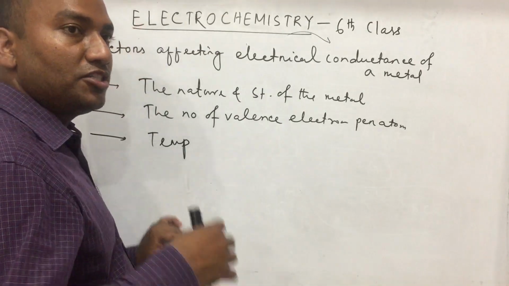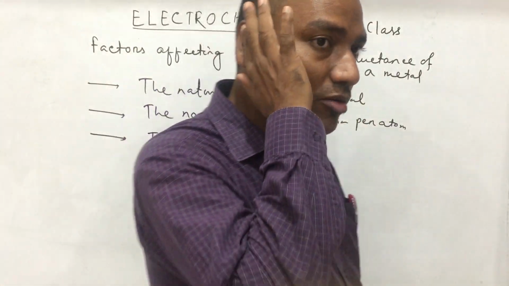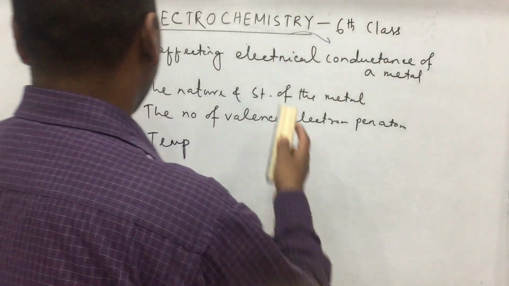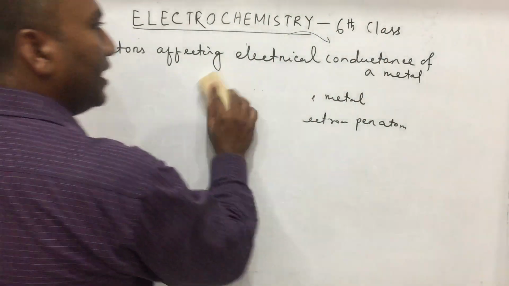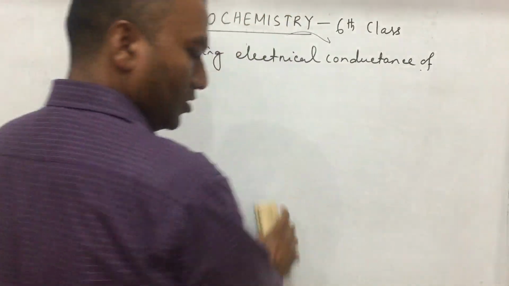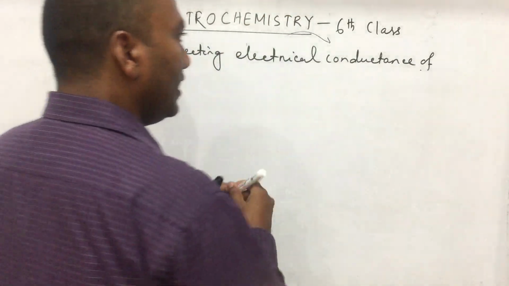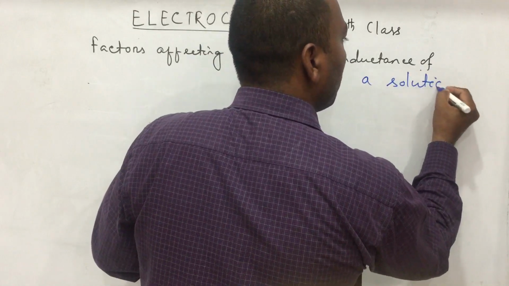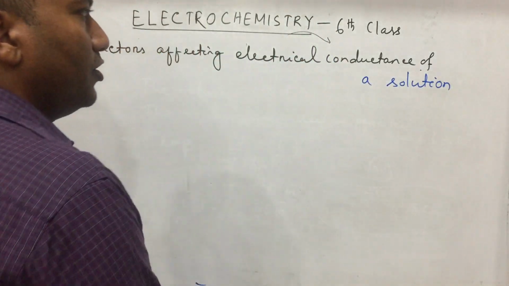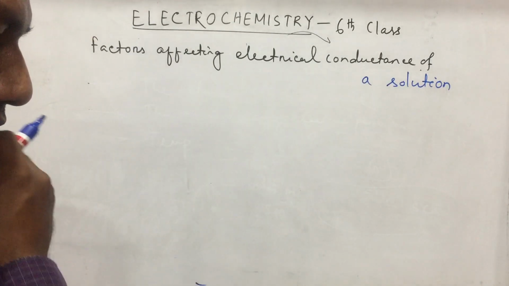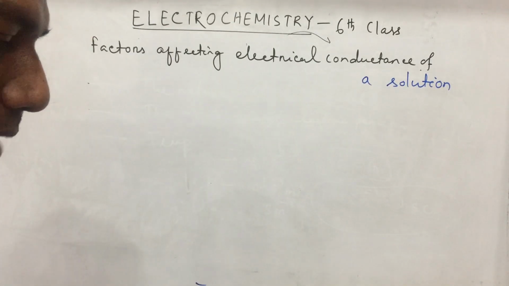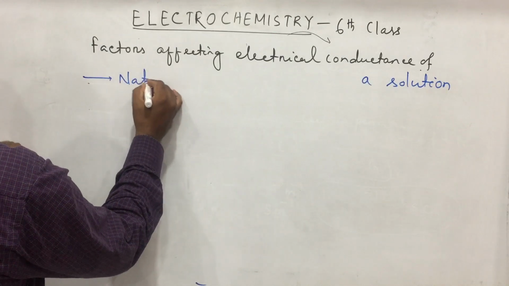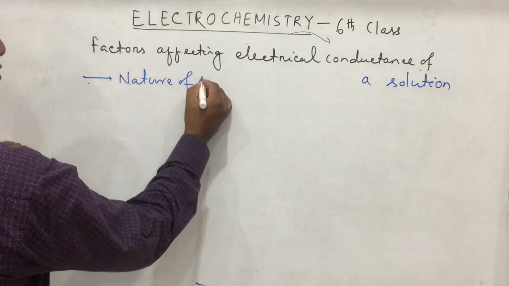But our chapter is electrolyte. So for an electrolyte, for a solution, what are the different factors affecting the electrical conductance of a solution? Okay, so for a solution, first, number one is nature of the electrolyte.